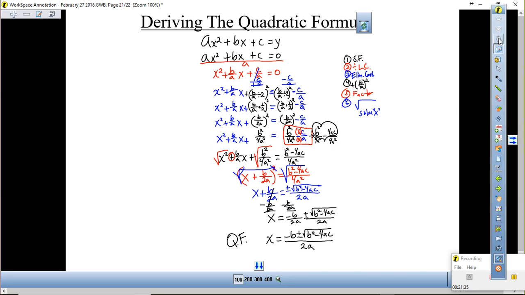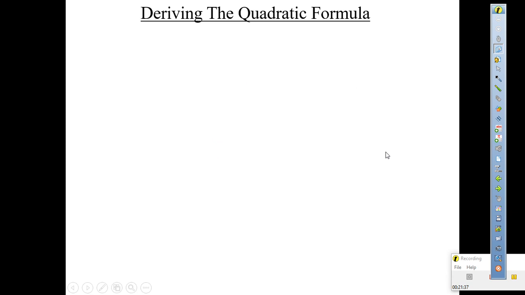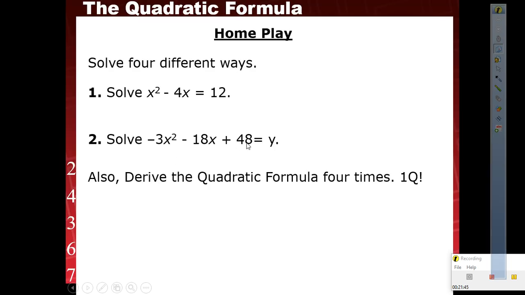And then what else? 2 equations, x squared minus 4x equals 12, and negative 3x squared minus 18x plus 48 equals y. Each one of those solves how many ways? 4 different ways. No, we derived the quadratic formula.